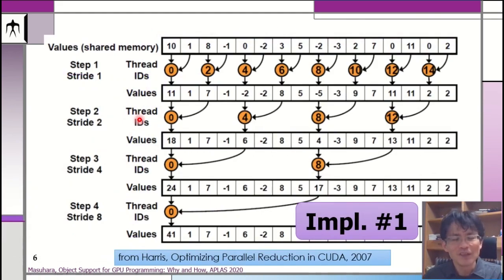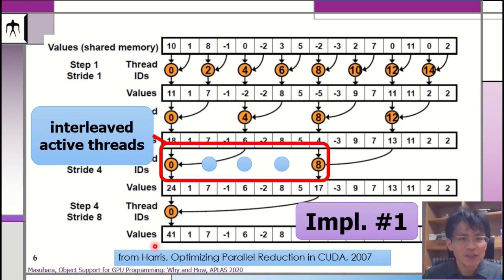This diagram illustrates the computation in the first naive implementation, where each box is data, and those circles denote the threads assigned to each data element. At each stage, those threads compute 2 values into 1, and half of the threads do the same thing until we get 1 value.